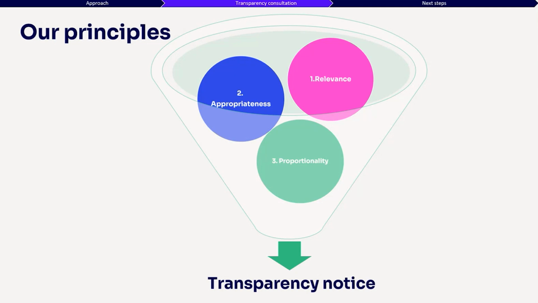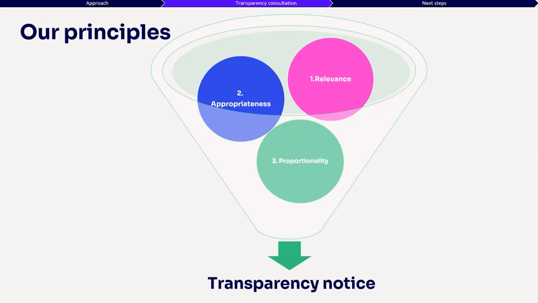But as you noted, these are quite broad and long-term aims, so there's a need for us to have a robust process for narrowing the kinds of information requirements that we give to each service year on year in transparency notices. So that's what I'm going to talk through now.